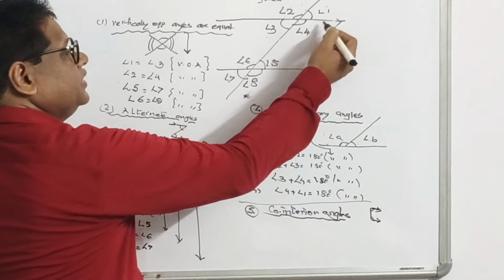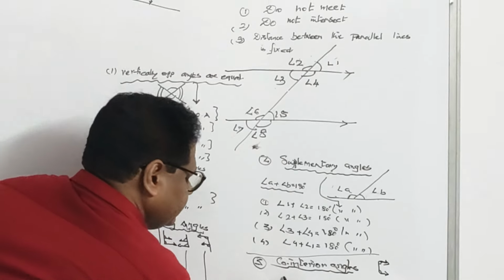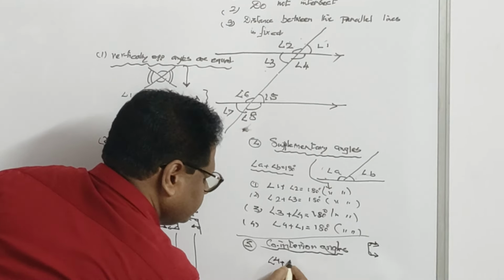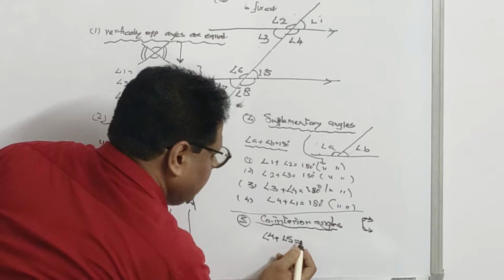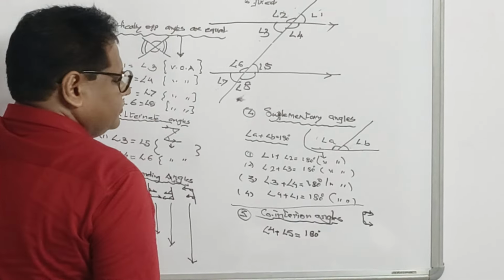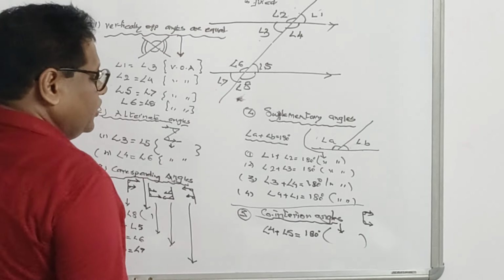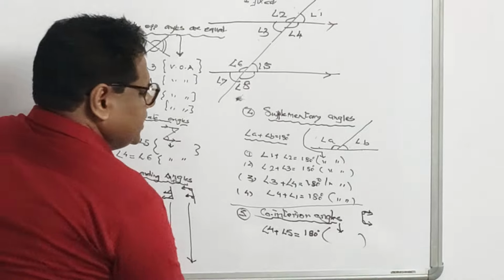So here, this is the pattern C. Angle 4 plus angle 5 equals 180 degrees. The reason is co-interior angles.